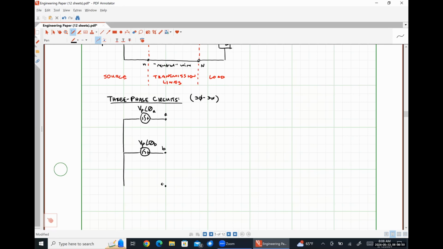And then a third voltage source, VP angle theta C, connected between our C terminals.